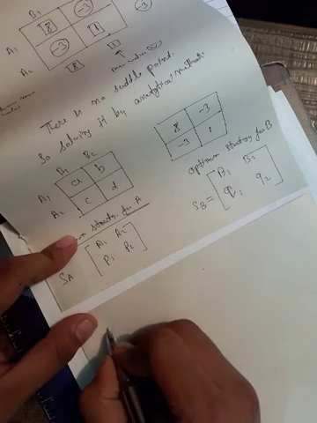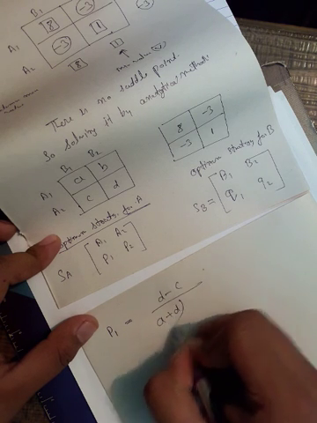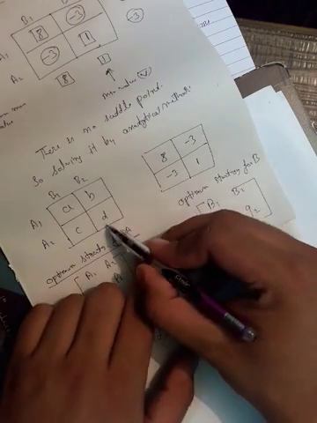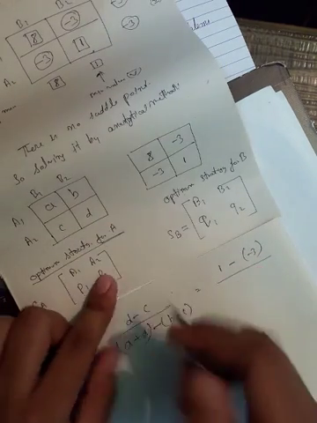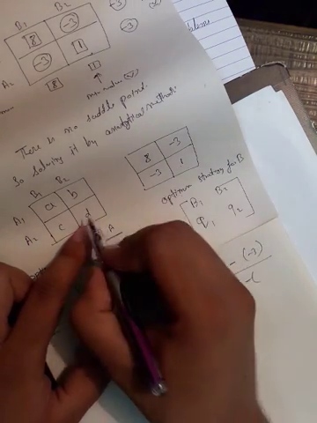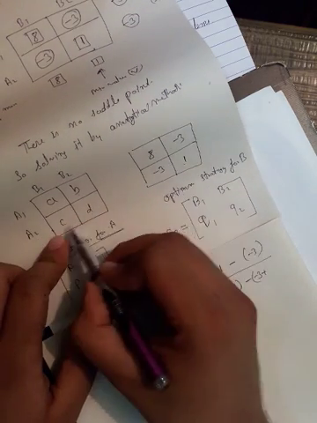We have a number of formulas to solve it. For the optimum strategy for A, P1 is given by (D minus C) divided by (A plus D minus B plus C). Compare it and get the values. D minus C is 1 minus minus 3, that is 4, divided by A plus D, which is 8 plus 1, minus (B plus C), which is minus 3 plus minus 3.